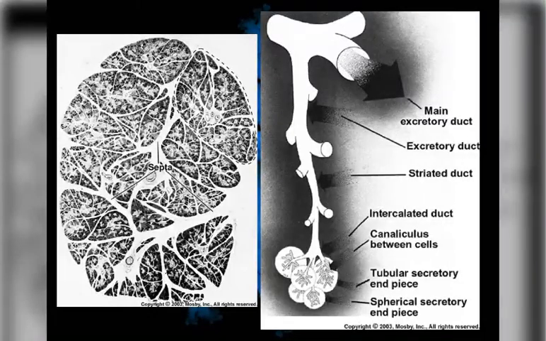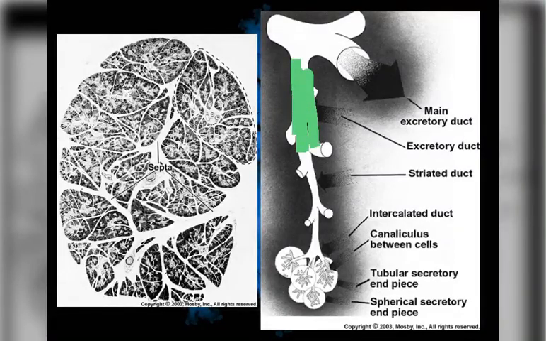The first site of secretion is the canaliculi between the cells, which is basically the lumen, and this leads to intercalated ducts. Intercalated ducts group together to form striated ducts. Striated ducts group together to form collecting ducts, and here it's called excretory duct.